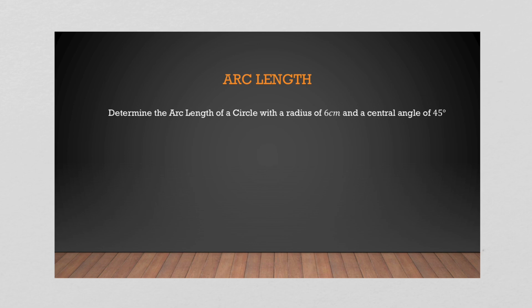So that means we have a circle and we've traveled 45 degrees from here to here. Here's the distance traveled, and we want to know, what is that distance? Well, 45 degrees isn't going to work. We're going to need radians. So we take our 45 degrees, multiply it by pi over 180, and we're left with pi over 4.